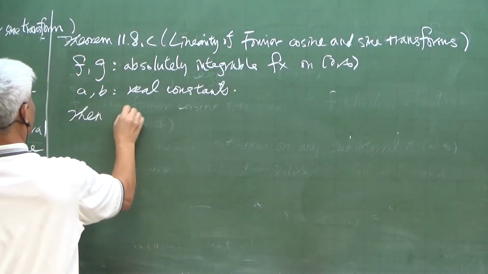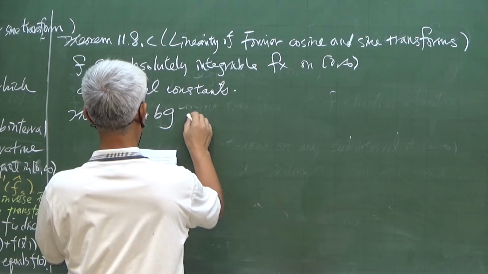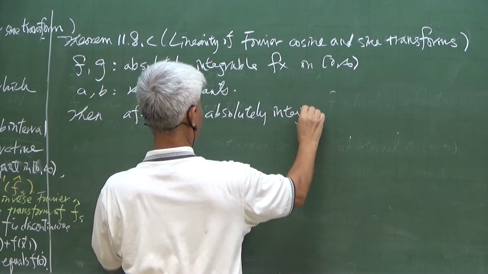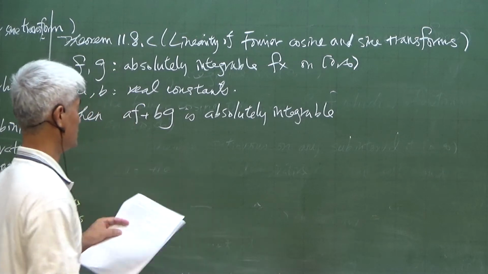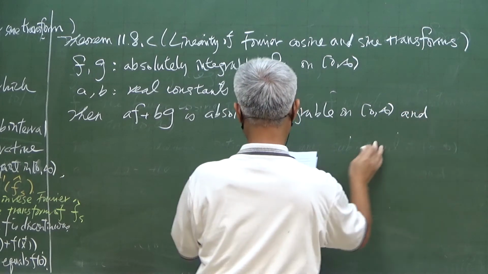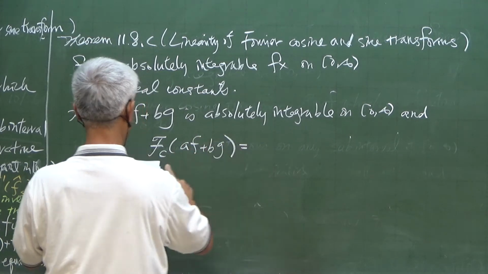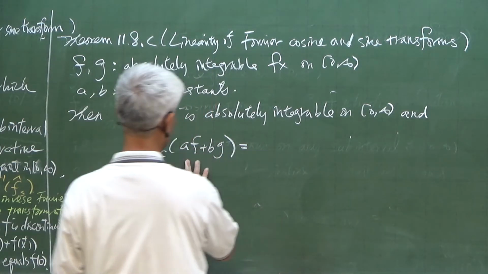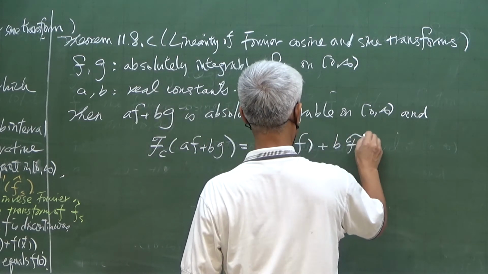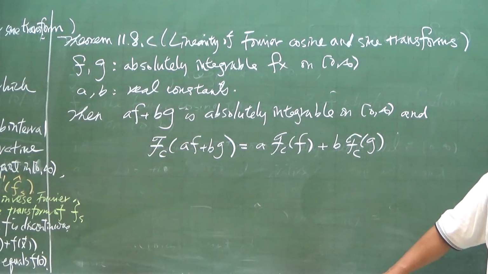Then the linear combination of f and g is absolutely integrable on the semi-infinite interval, and we know that the Fourier cosine transform of af plus bg is the same linear combination of the Fourier cosine transforms of f and g.